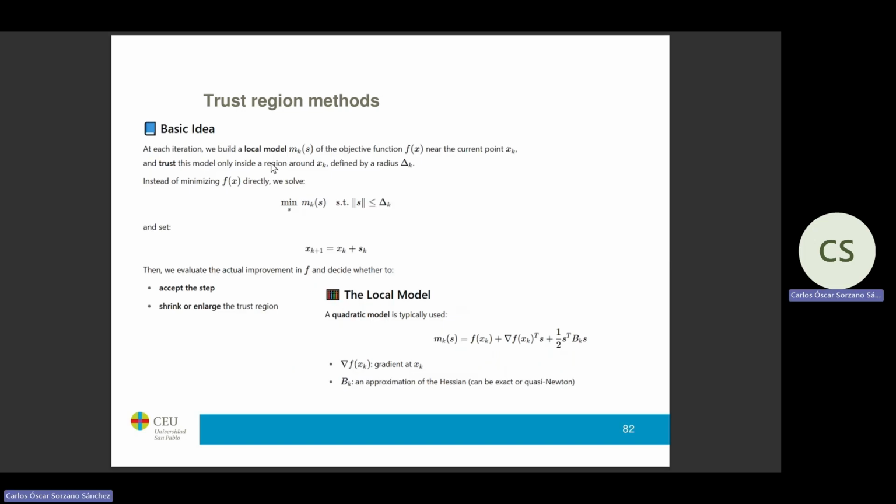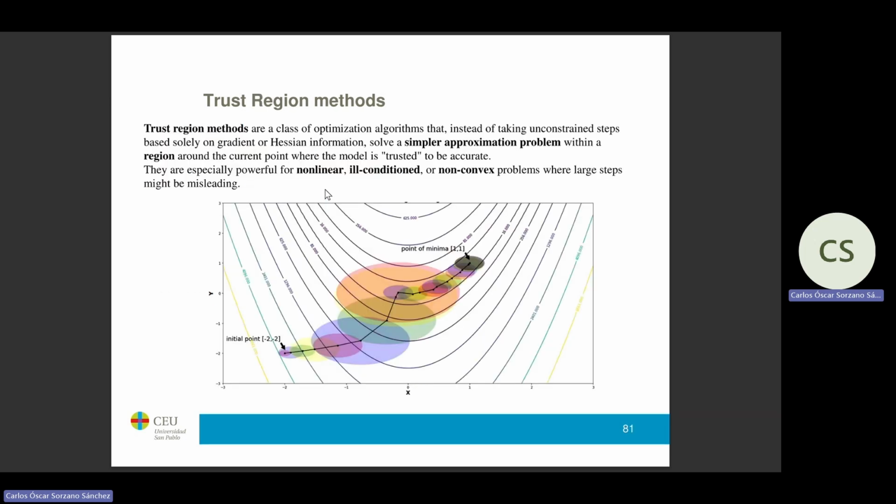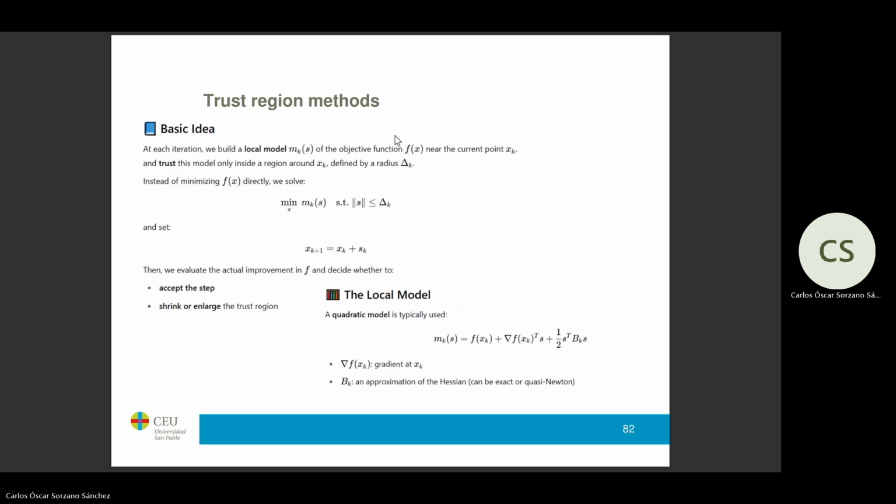So let's say that you have a local model at iteration k, and this s is centered at the middle of the trust region. So for every trust region area, s equals 0 is the middle of the area. So it is kind of a displacement with respect to the current position. And yeah, so you are around xk.